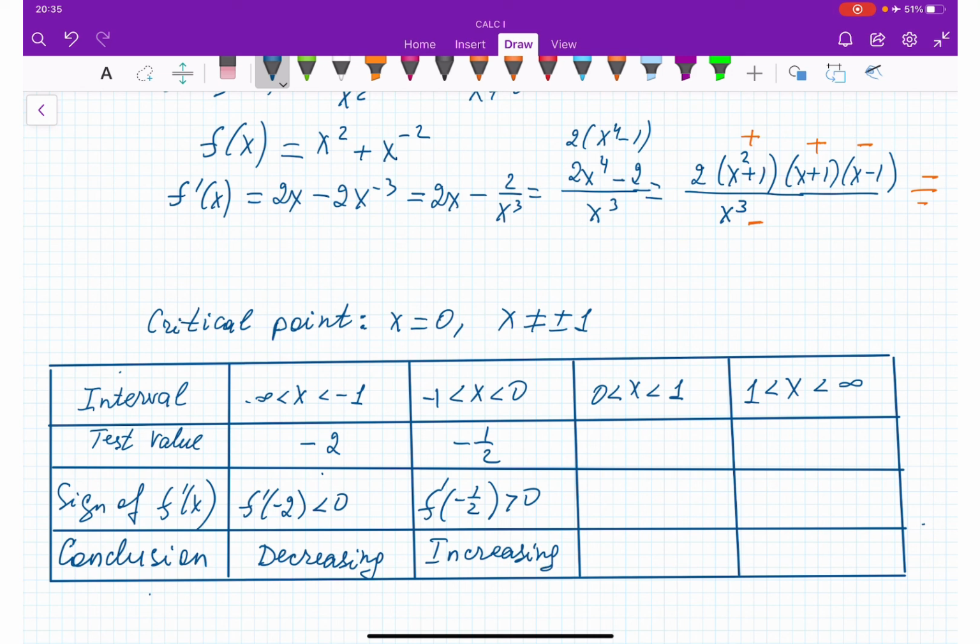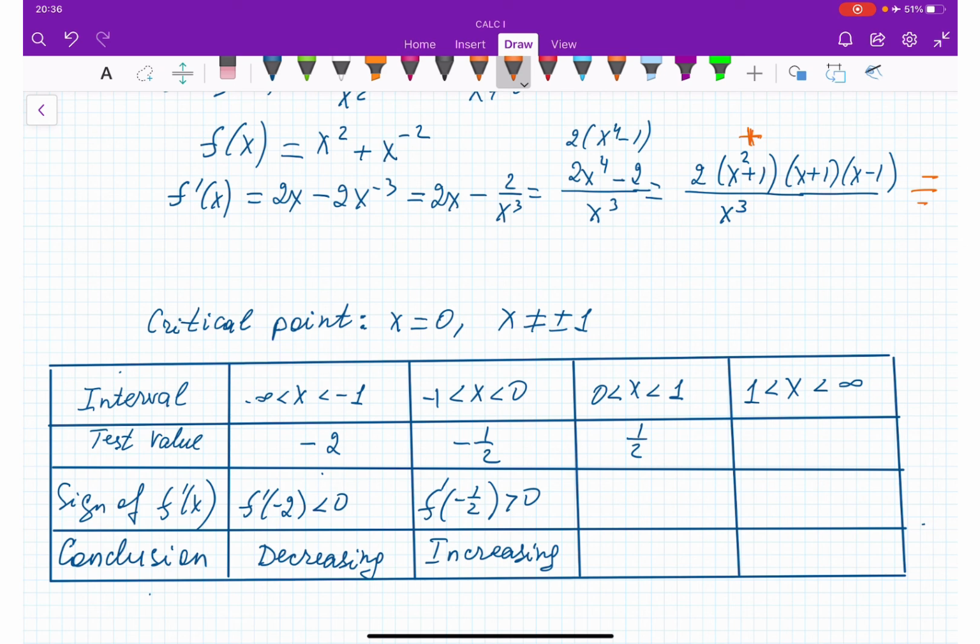Between 0 and 1, let's take +1/2. Obviously, -1/2 increasing, +1/2 is going to be decreasing, but let's check it to be sure. So what do we have? We said this first parenthesis is always going to be positive.